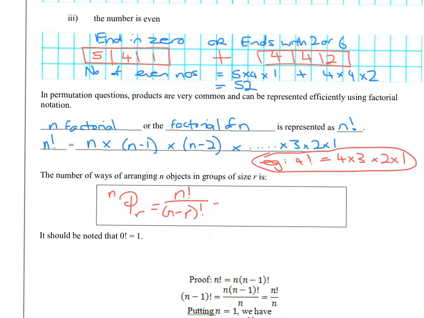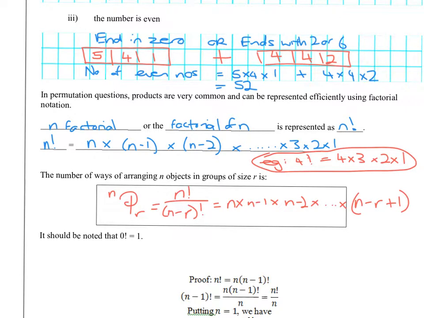So that is actually going to give you n times n take 1 times n take 2 times all the way up to n take r plus 1.